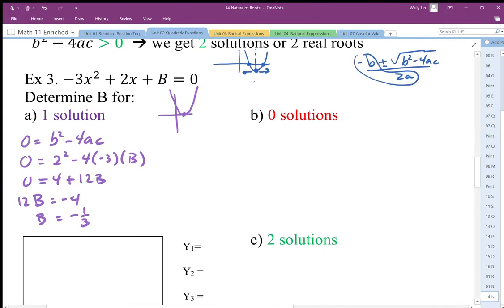For 0 solutions, that would mean that the discriminant, b squared minus 4ac, must be negative, or less than 0. So we can plug in the same thing again and end up with the same equation.